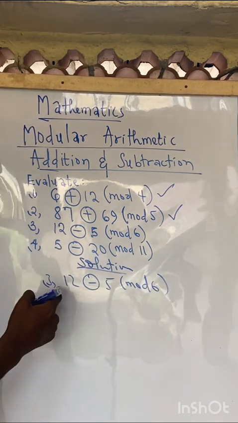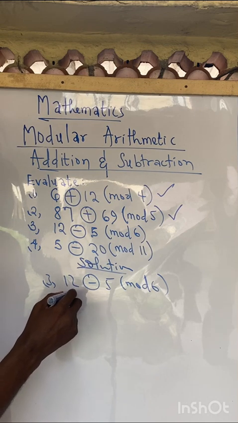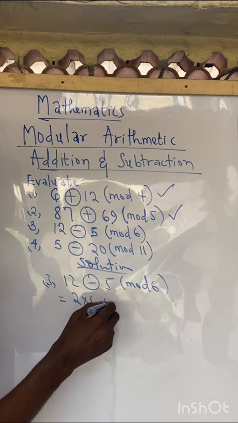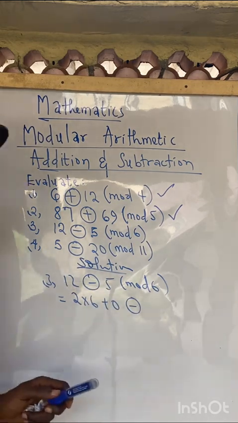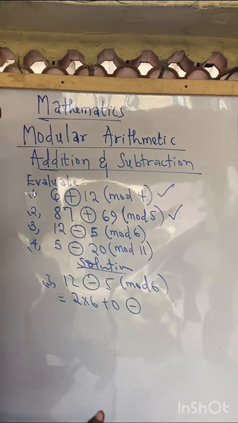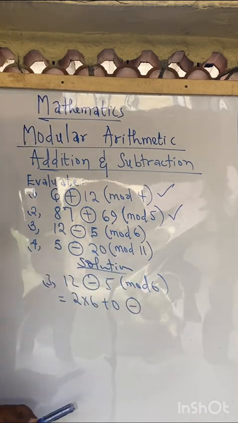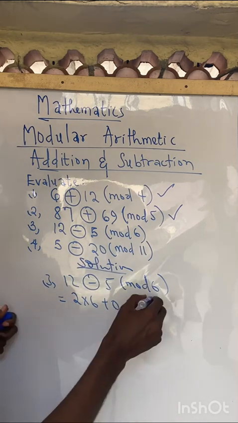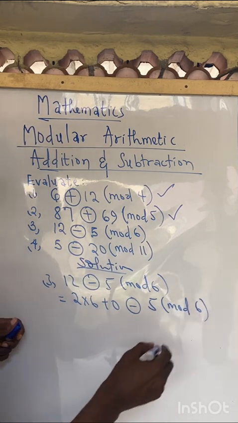Now let's break 12 down to mod 6. That will be 2 times 6 plus 0. Minus 5 is already in mod 6. We don't need to do anything to that because mod 6 makes use of numbers from 0 to 5. So 5 is already there, no need. So that's minus 5 mod 6.